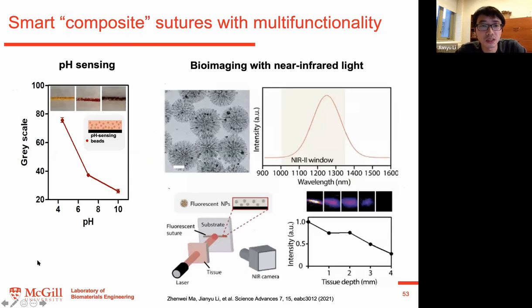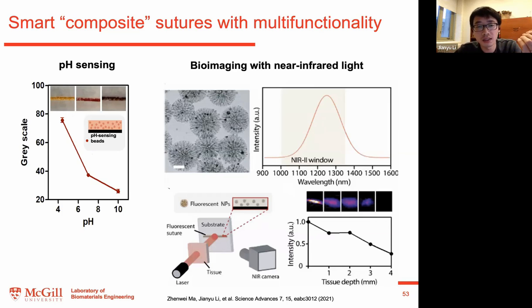With this hydrogel coating, we can also incorporate not only drugs, but also microparticles and nanoparticles. For the microparticles, we use a pH sensing bead. We show that this suture enables pH sensing performance, so depending on the pH of the wound site, it responds by exhibiting a different color.